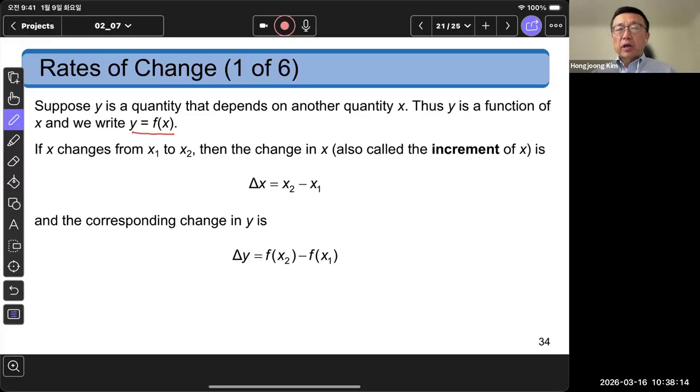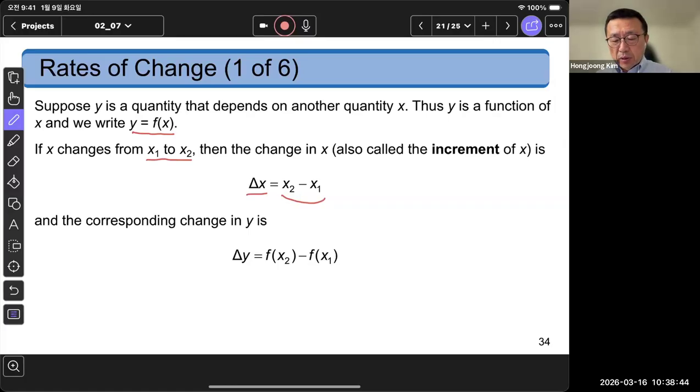So if x changes from one value, say x1, to another value, x2, the change in x will be denoted by usually this symbol, delta x. So delta x represents the change in x value. So if x changes from x1 to x2, then delta x is defined by x2 minus x1.